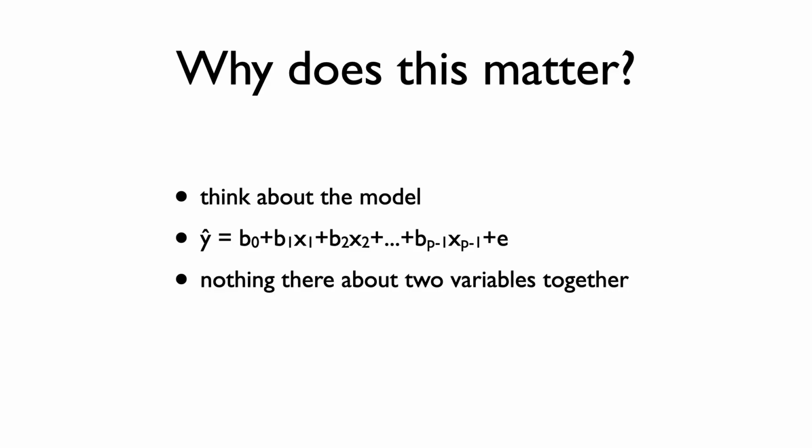It's just saying this times this plus this times this plus this times this equals that. There's nothing in there about x1 and x2 going together sometimes. If the model doesn't say it, you have now violated an assumption. So every time you get this overlap in your predictors, which is almost always, you're violating an assumption of the model.